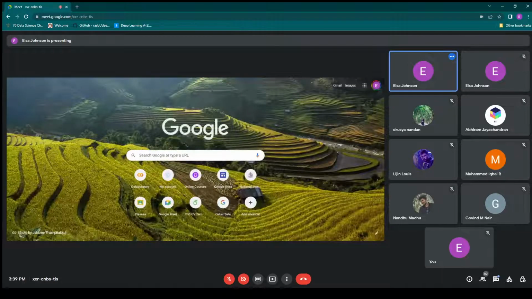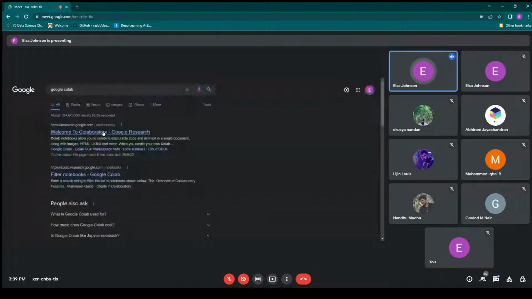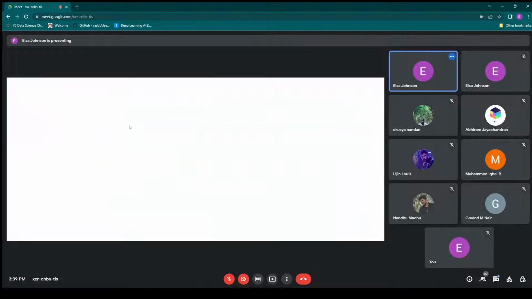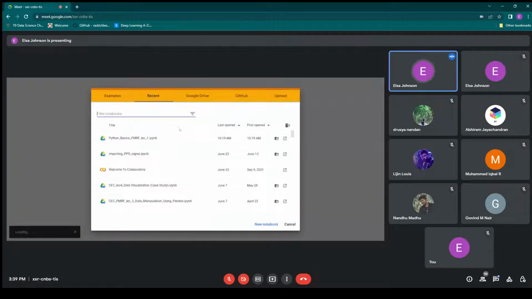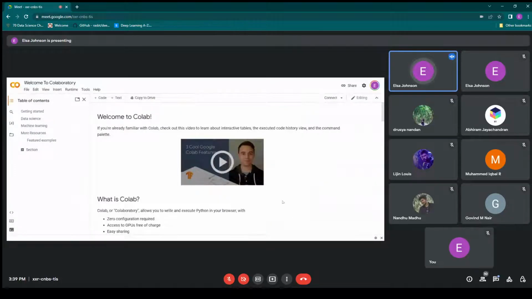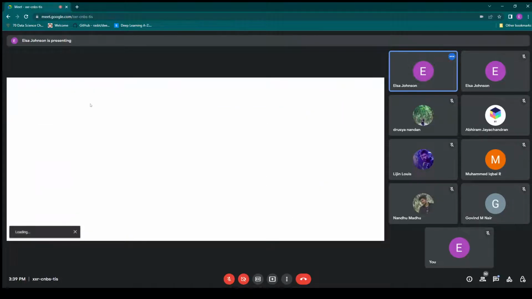And for persons who haven't used this, welcome to Colaboratory. It will show, and if you have certain things done there, you can see that. Or if you want a new notebook, you should press New Notebook, and they'll show you certain things that you have to do.